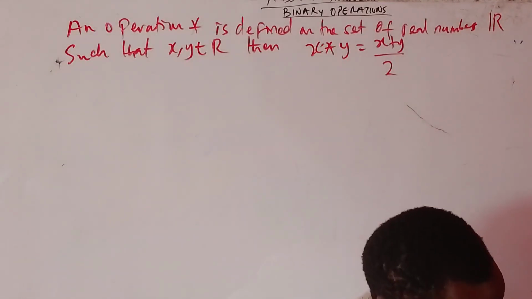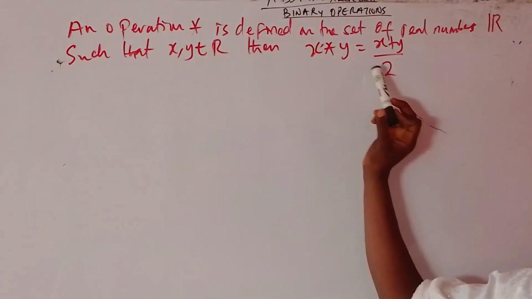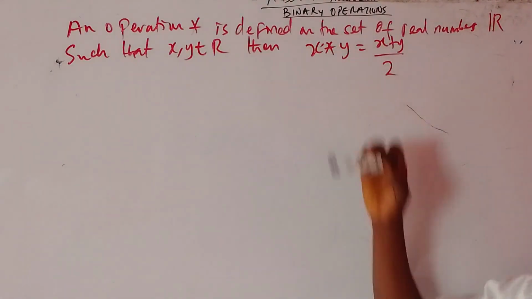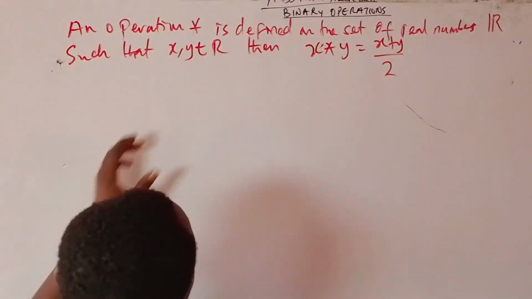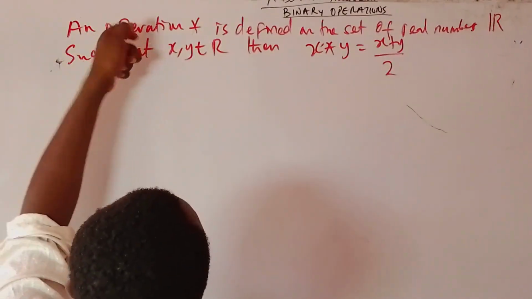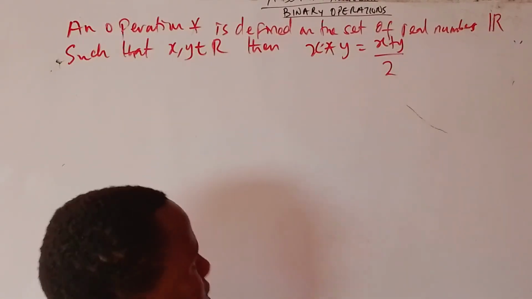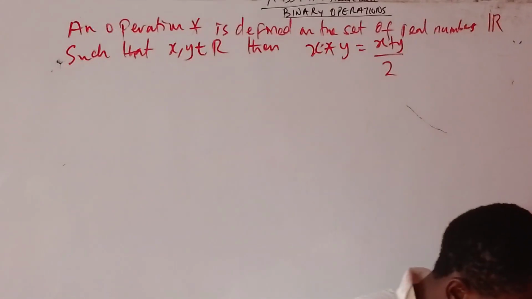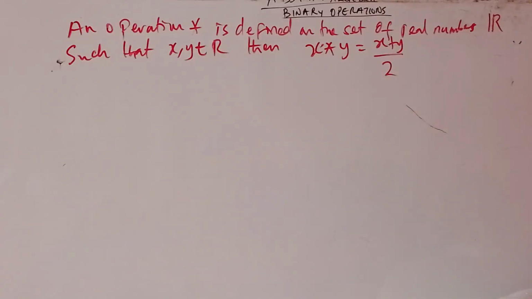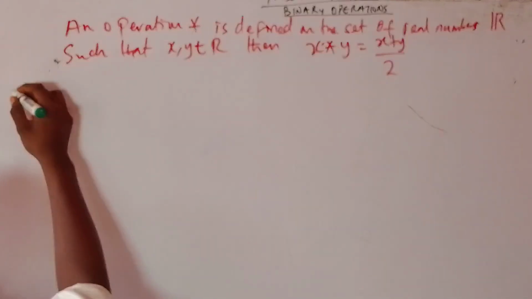Now let's check if this is closed. We want to check if the set of real numbers is closed under the operation asterisk. What are we going to do to check? There are some questions here.